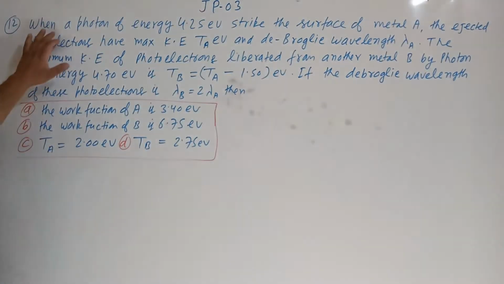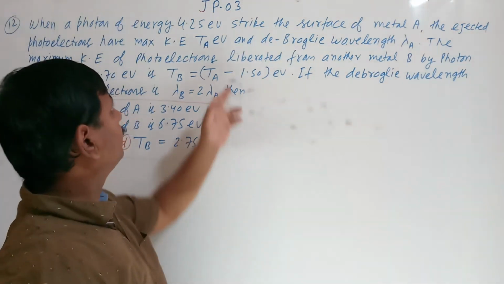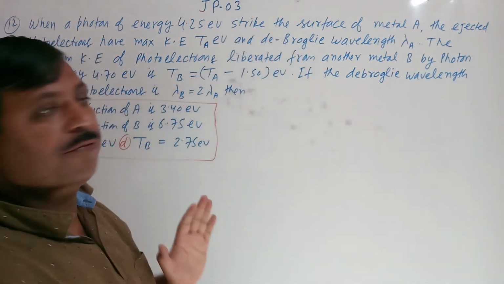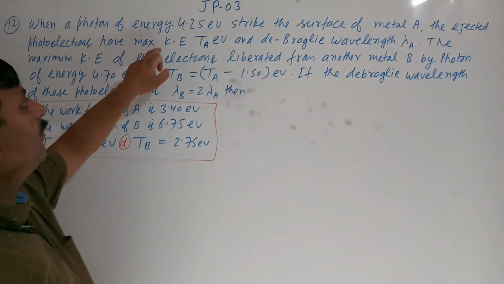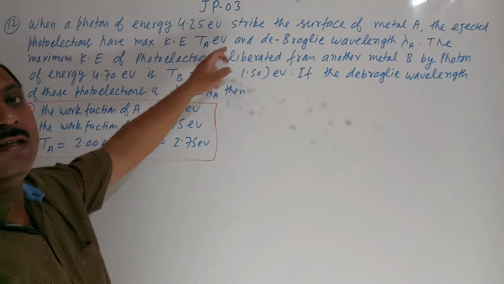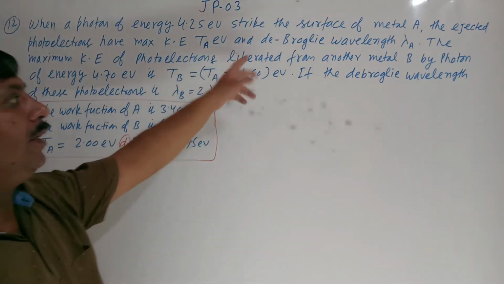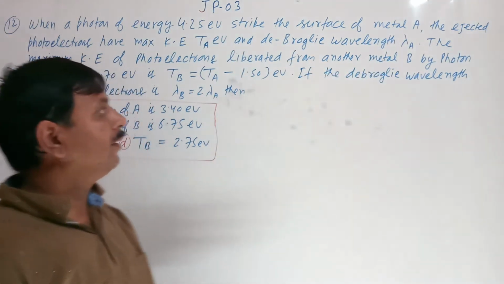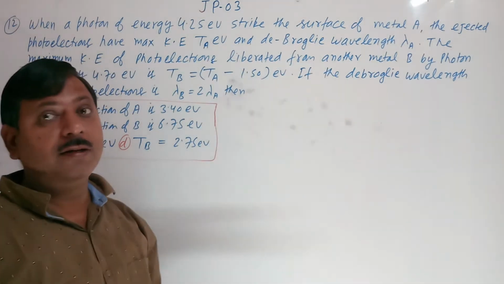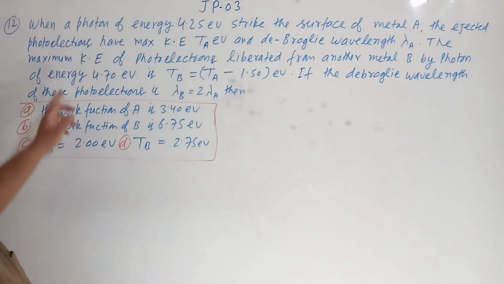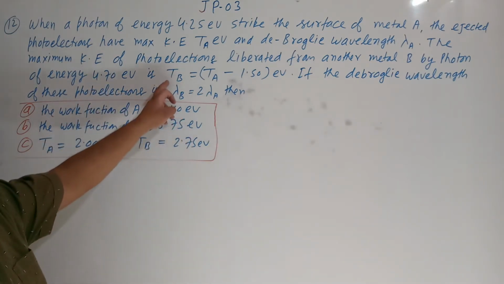See, when a photon of energy 4.25 eV strikes the surface of metal A, the ejected photoelectrons have maximum kinetic energy TA eV and de Broglie wavelength lambda A. The maximum kinetic energy of electrons liberated from another metal B, where they have taken photon energy 4.70 eV.